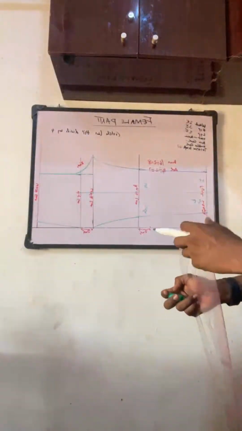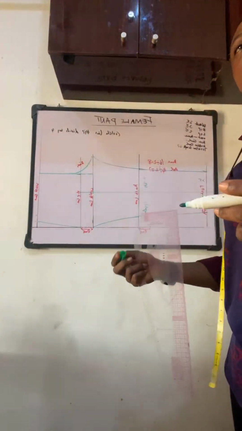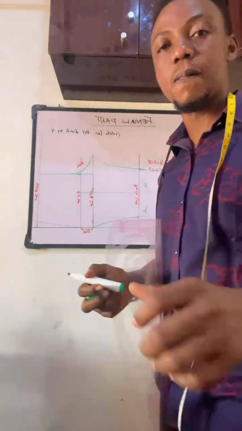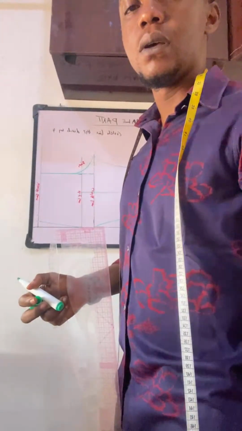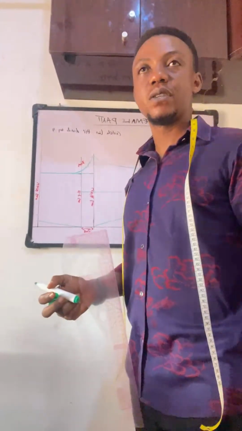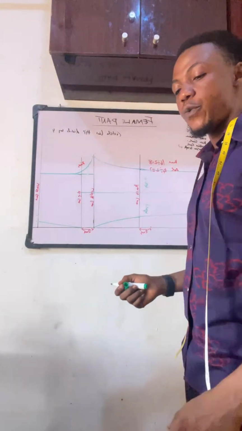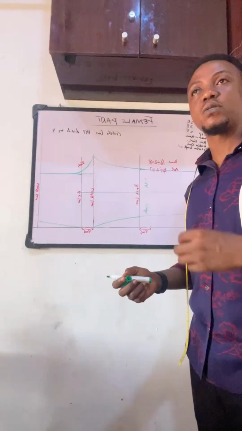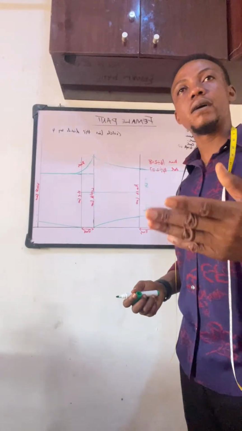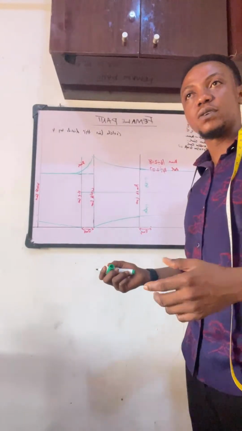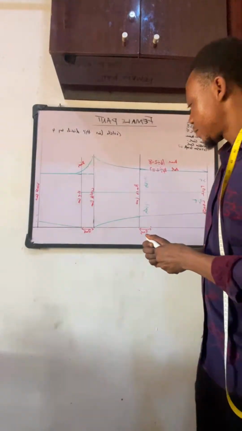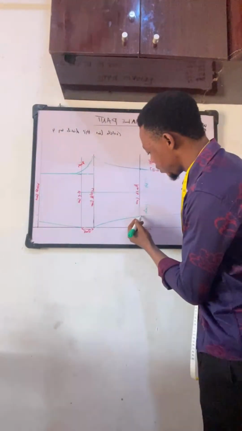Mind you, we are just using a guess measurement. It's not as if we are using an accurate measurement. You understand that? So you might see some kind of too much curve around this place because we did not use anybody's measurement. We are just suggesting measurements. So you have this way.